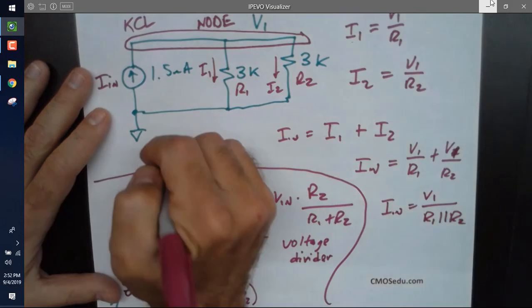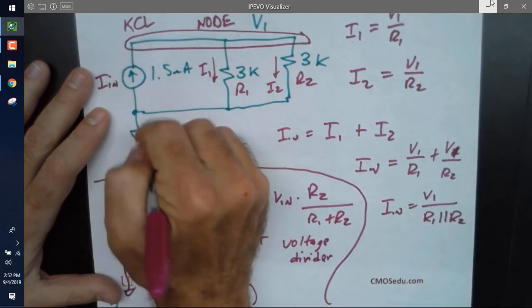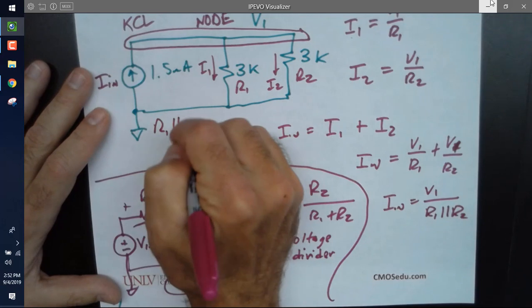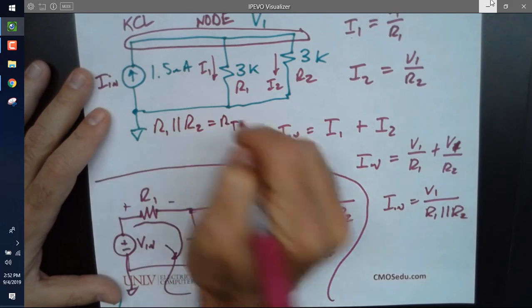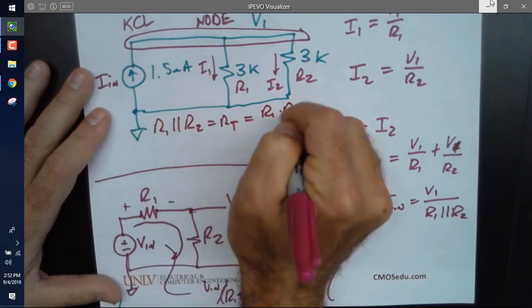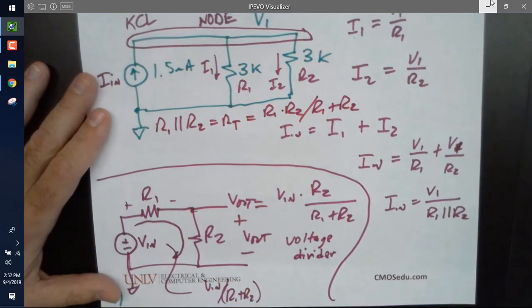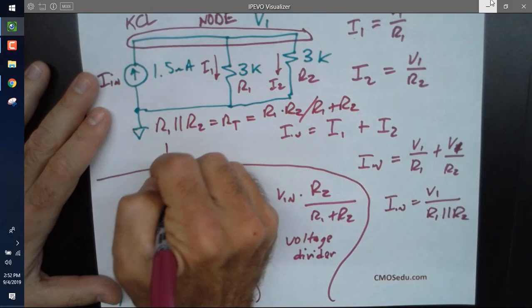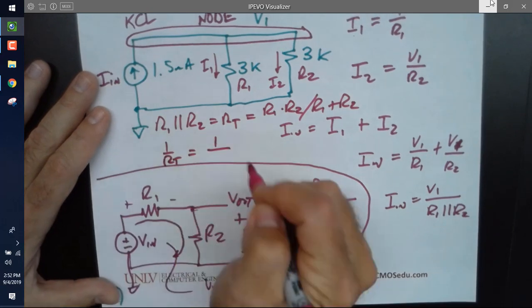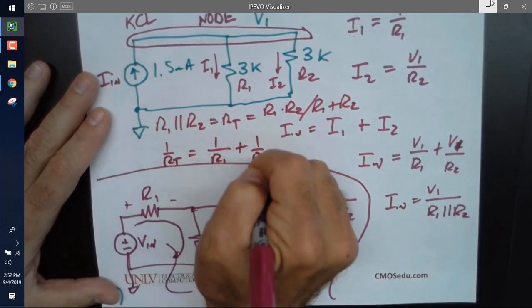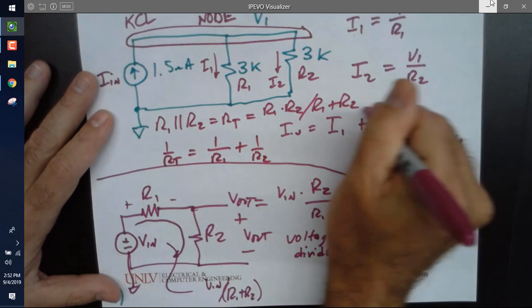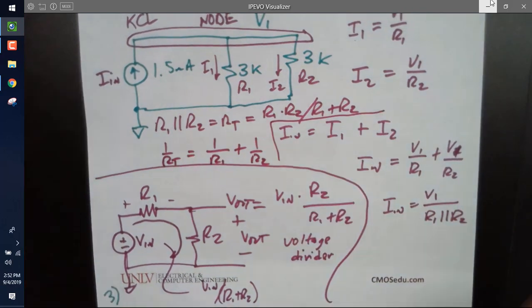So R1 in parallel with R2 equals R total, which equals R1 times R2 over R1 plus R2. Or 1 over R total equals 1 over R1 plus 1 over R2. I'm just writing things differently. Any questions about any of that?